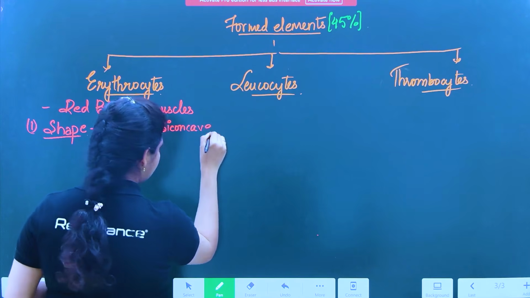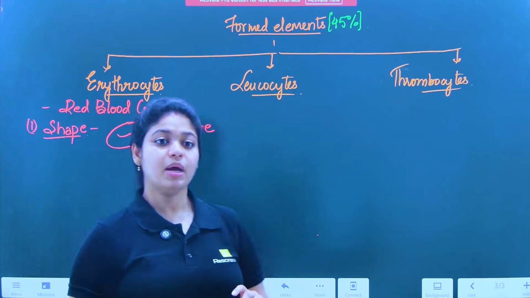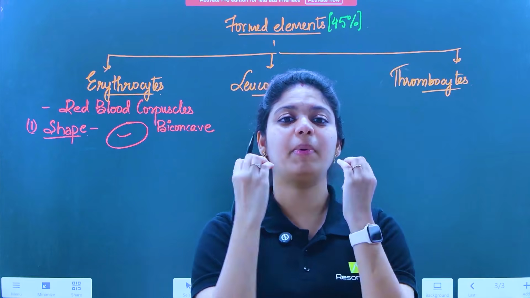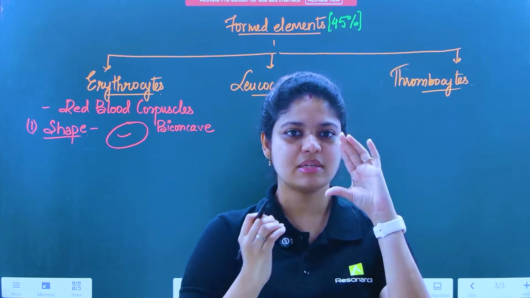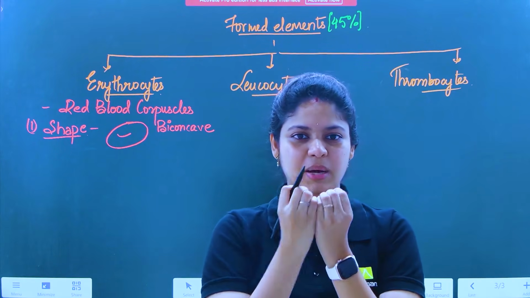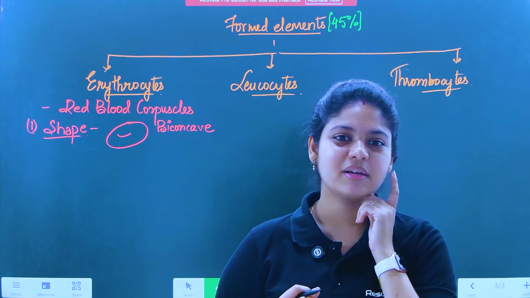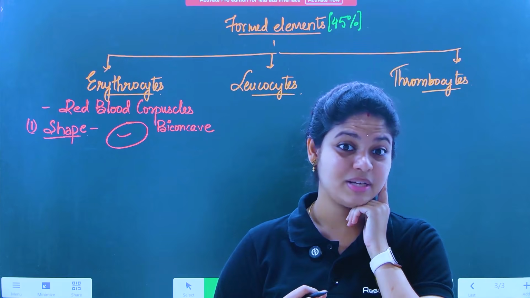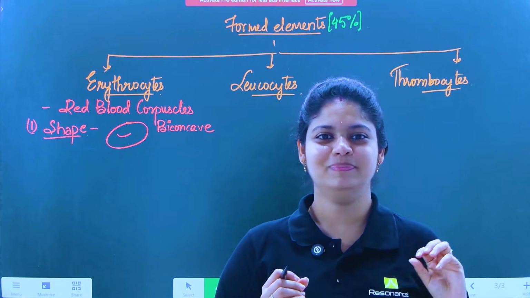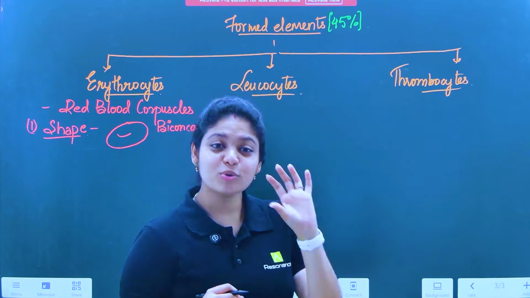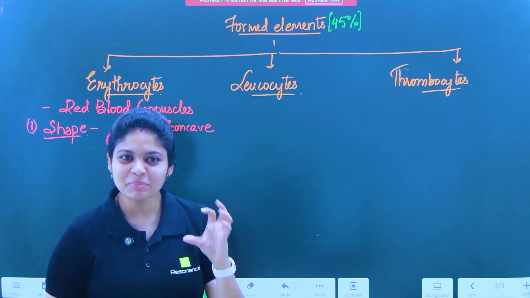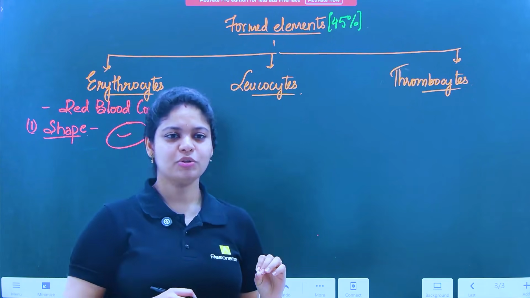Biconcave means it is bulged at the surroundings. In the peripheral region it is bulged, and in the middle it is pressed, like our vada. Idli, dosa, vada, sambar, like our vada. So an erythrocyte looks like a vada, that is, it is biconcave in shape.